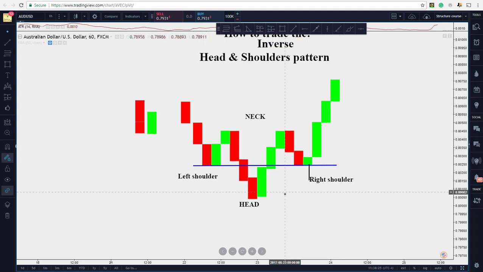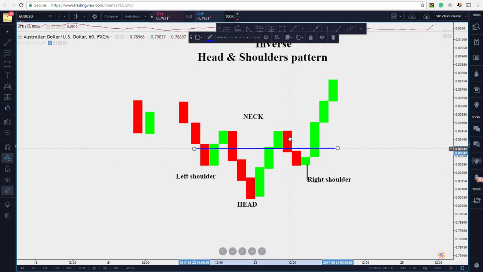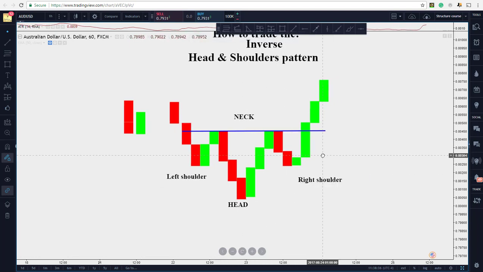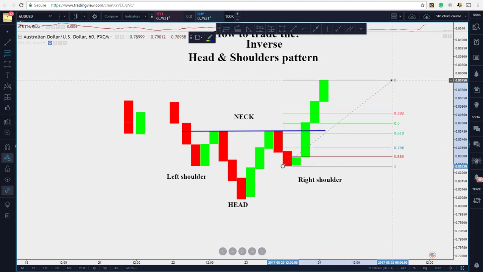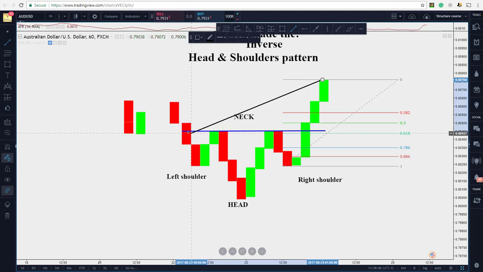Now you can also get very creative with this, and you can wait for the market to break that neckline of the head and shoulders pattern and actually do a Fibonacci retracement to that next high. You can pull a Fibonacci retracement from your right shoulder up to your next high and wait for the market to come down to a 382 retracement, or to come back down and retest that neckline would be another way to enter, or come down and retest any of these Fibonacci retracements.